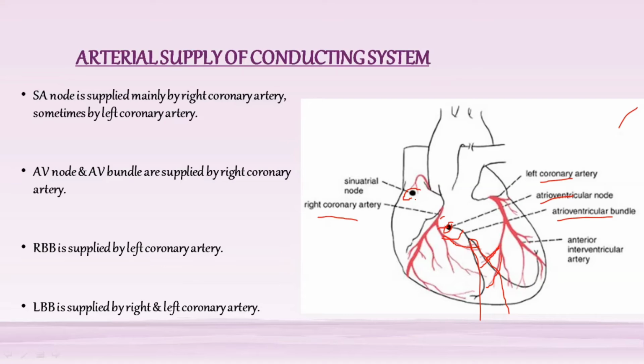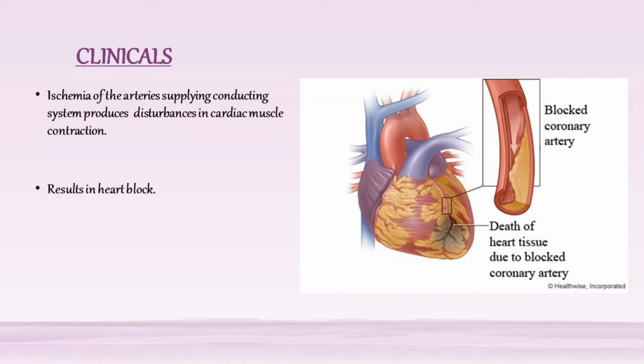The branches of the left coronary artery are supplying the right bundle branch, whereas the left bundle branch is supplied by the branches of both the right and left coronary arteries. Now ischemia of any of the branches or arteries supplying the conducting system produces disturbances in cardiac muscle contraction, which results in heart block.